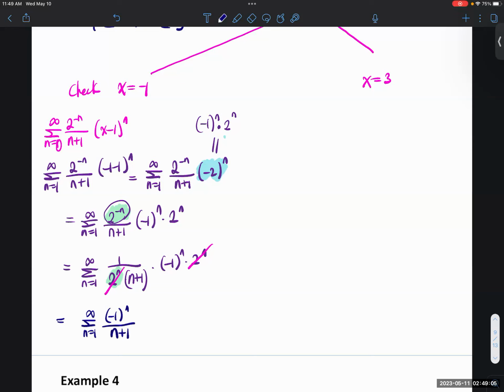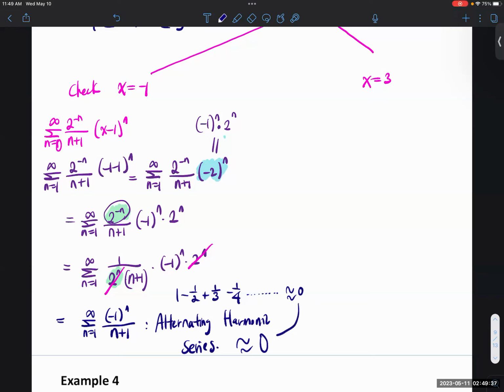This is the plus-minus alternating harmonic series. Do you remember? With the alternating harmonic series, if you keep adding, the terms get close to 0, because this is 1, minus 1 over 2, plus 1 over 3, minus, and they're getting smaller, heading to 0. So it's a convergence.